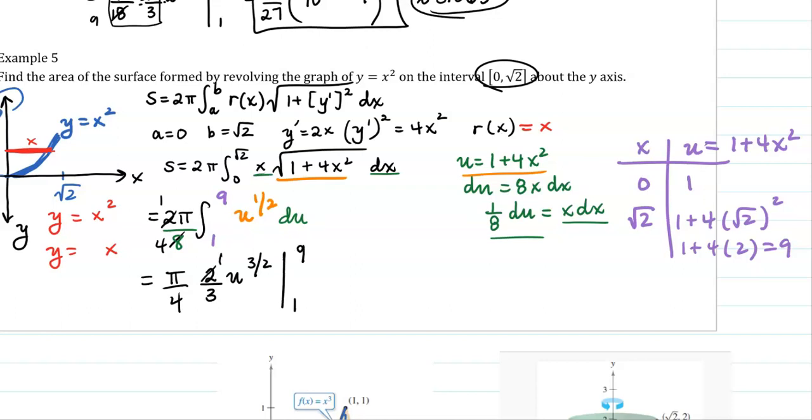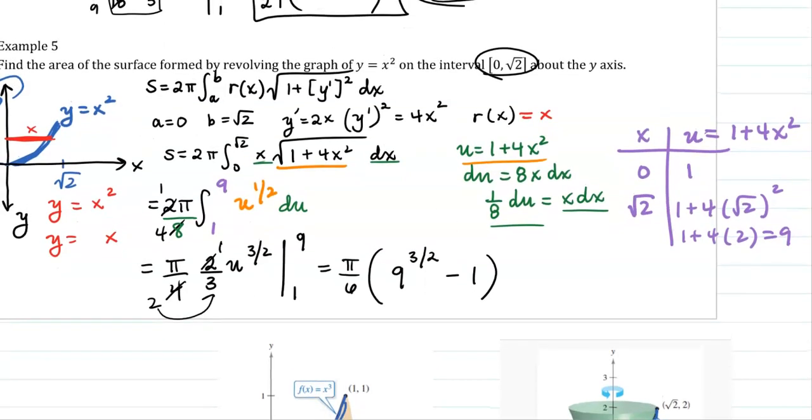I'm going to simplify here. That becomes a 1, that becomes a 2. So I have pi over 6. Multiply the 2 and the 3. Plug in the upper limit of 9. Plug in the lower limit of 1. 1 to the 3/2 is still just 1, so we do not have to do anything with that. 9 to the 3/2 power is 27.